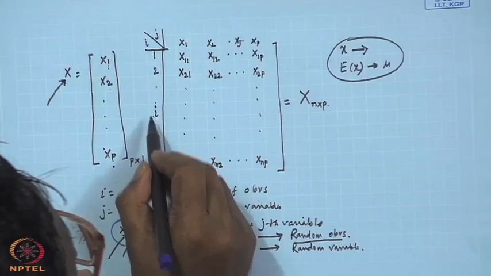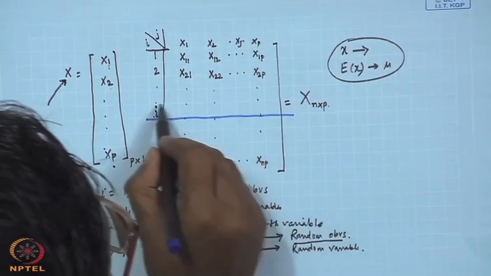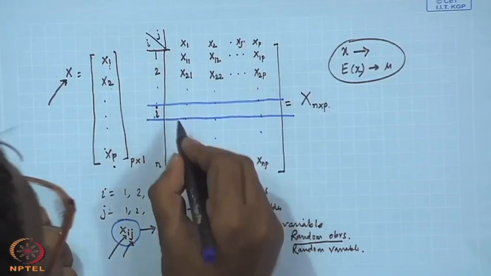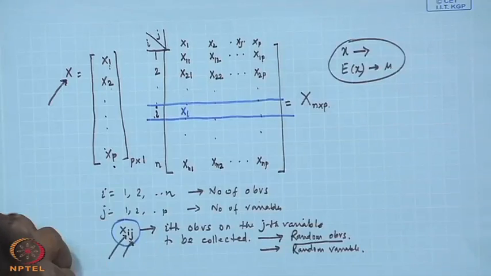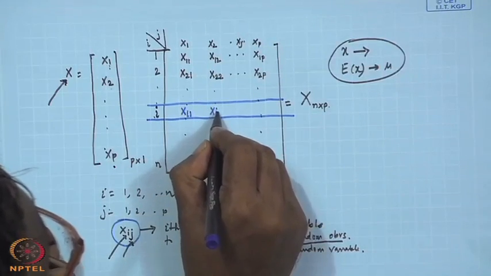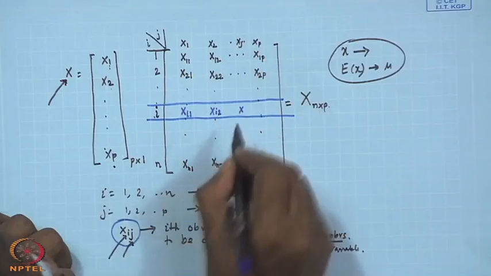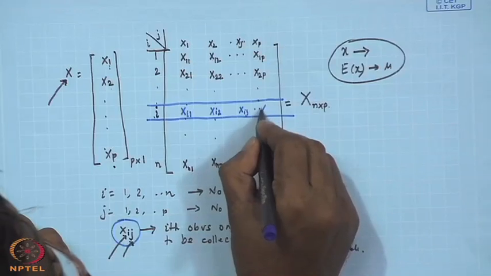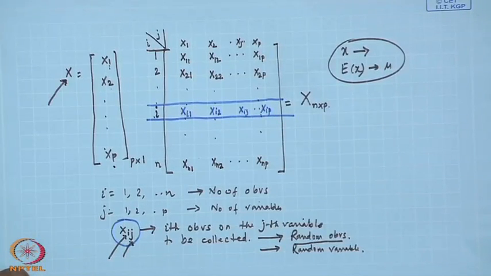Now, suppose this one is i; this is the ith multivariate observation. So your values will be observation i on variable 1, observation i on variable 2, like this, observation i on variable j, then observation i on variable p.